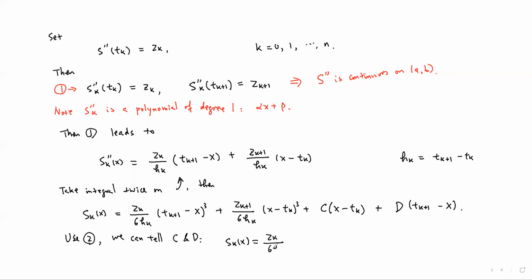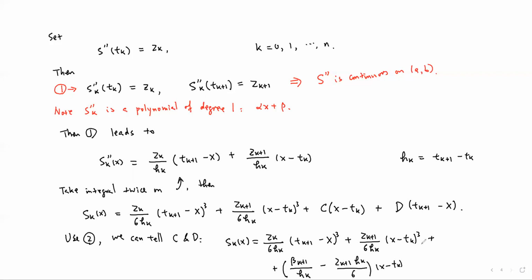c_k over 6h_k times (t_{k+1} minus x) cubed, plus c_{k+1} over 6h_k times (x minus t_k) cubed. And now what is C? C is this number: (beta_{k+1} over h_k minus c_{k+1} h_k over 6) times (x minus t_k).